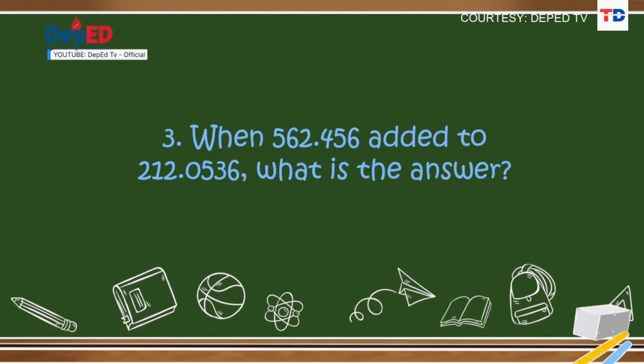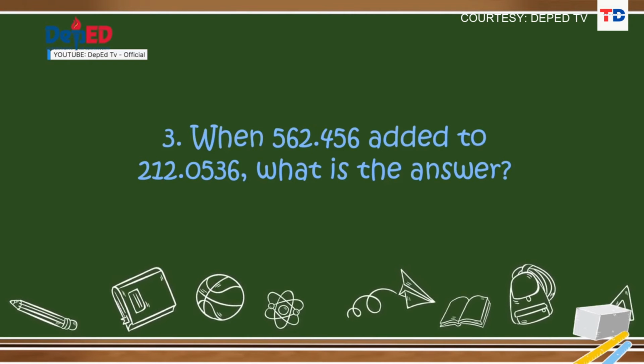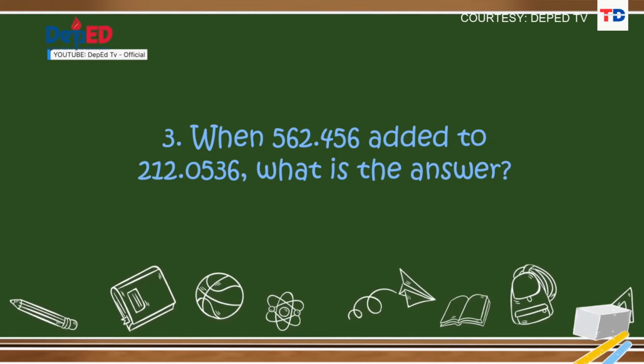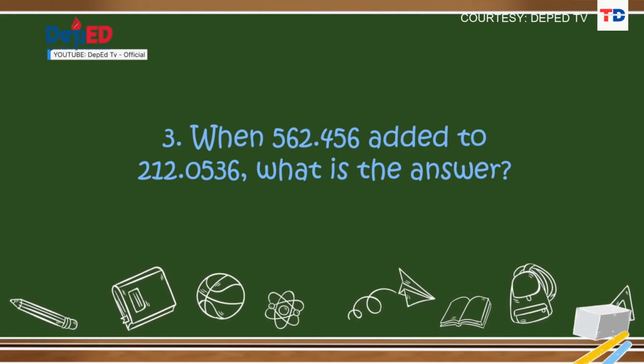Number 3. When 562 and 456 thousandths is added to 212 and 536 ten-thousandths, what is the answer?